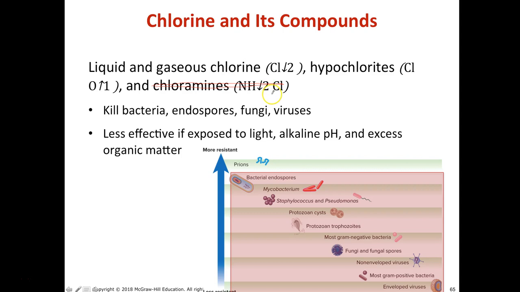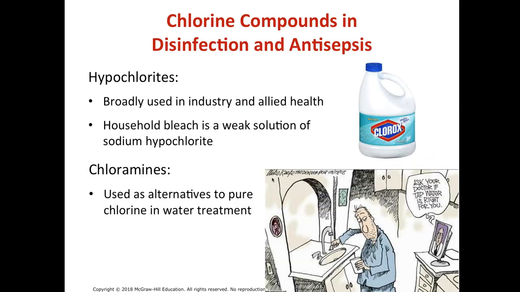As a whole, chlorine is going to help us to kill bacteria, endospores, fungi, and viruses. So we've got the whole spectrum of what we can kill off. It is less effective if it is exposed to light. We talked about those UV rays that affect it in those previous charts. It is also less effective if we have an alkaline or basic pH, or if we have excess organic matter present, which kind of inactivates it. So we talked a little bit about those hypochlorites.